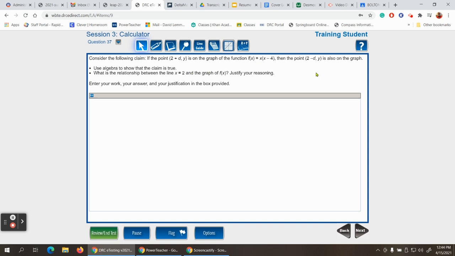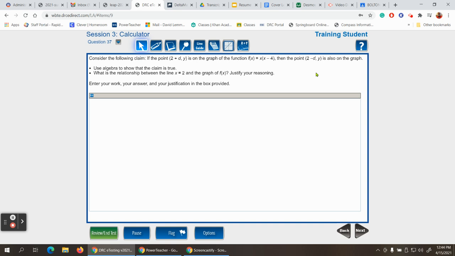Write what relationship is between the line x equals 2 and the graph of f of x. Justify your reasoning. We get to dive into a hard one here, and that's okay because you should have plenty of time to work out your stuff.